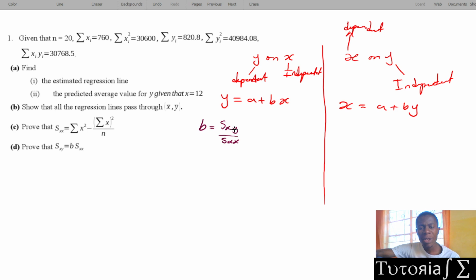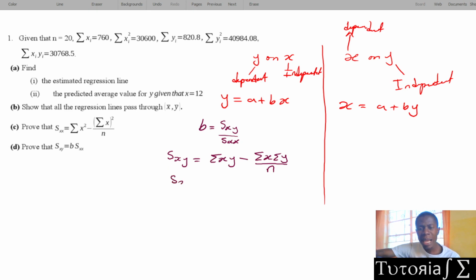These are the partial deviations, then the deviations of x. Sxy, which is the partial deviations of x and y, is equal to the sum of xy minus the sum of x times the sum of y, all over n. That is how you find Sxy.